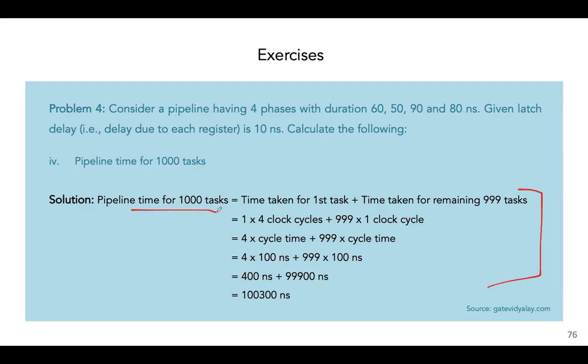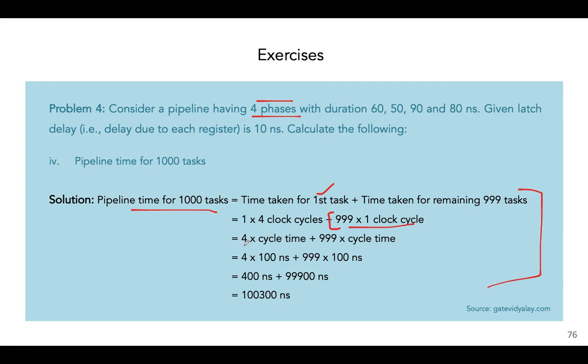So the first task takes 1 into 4 clock cycles, because there are 4 phases, and the remaining 999 will come out of the pipeline 1 per clock cycle.